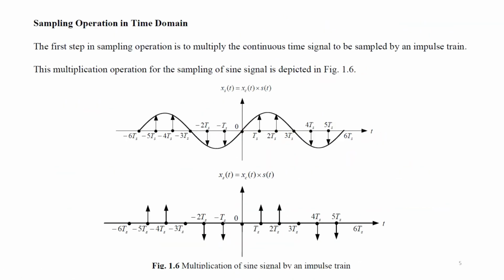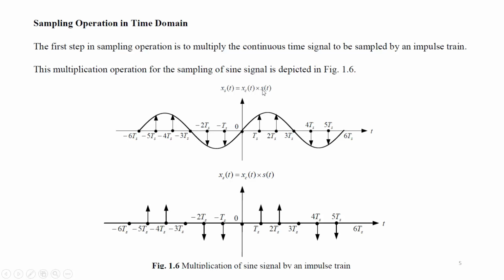Now let us see what the sampling operation is, if put analytically. Sampling operation is basically the multiplication of the continuous signal and the impulse train. If any continuous signal is given to us, for example in this diagram, the continuous signal given is a sine wave, and we need to do the sampling of this sine wave, we need to multiply this signal with the impulse train function.